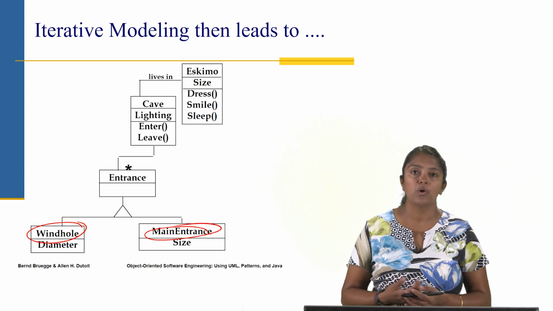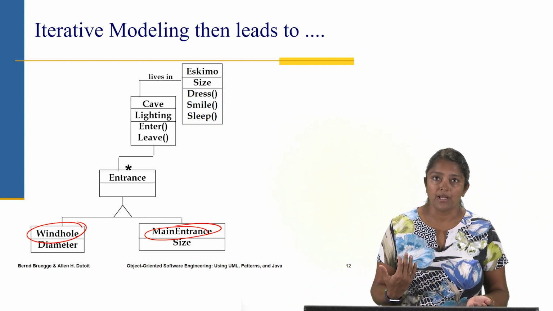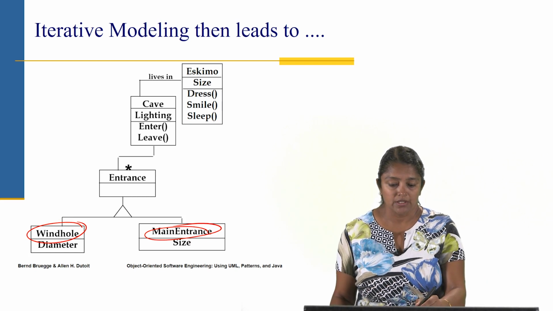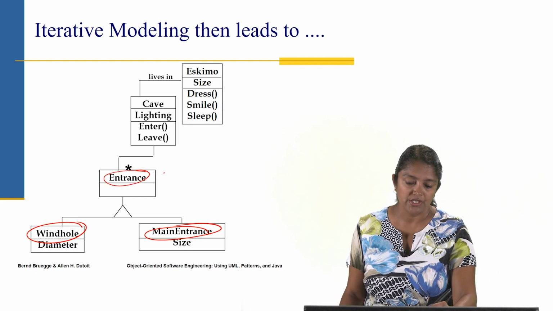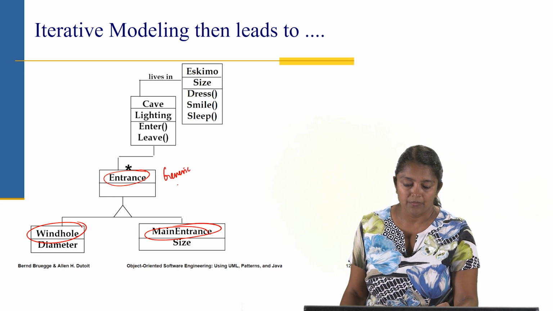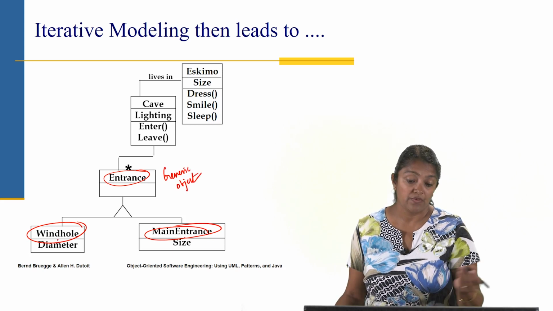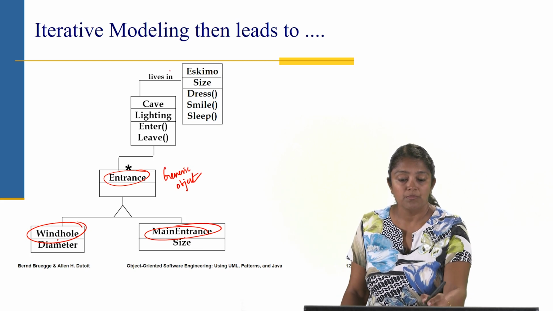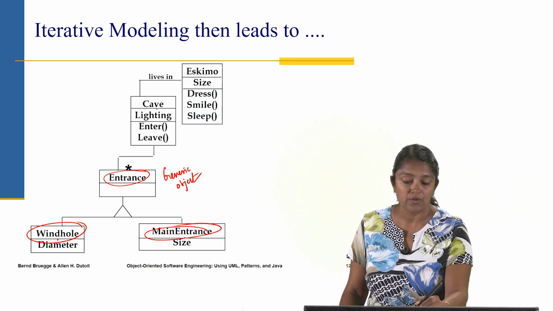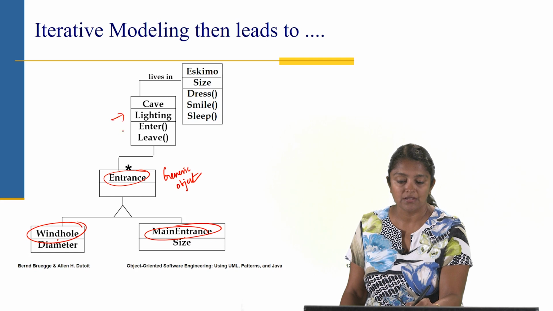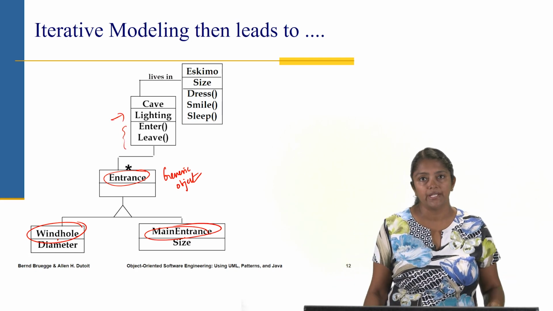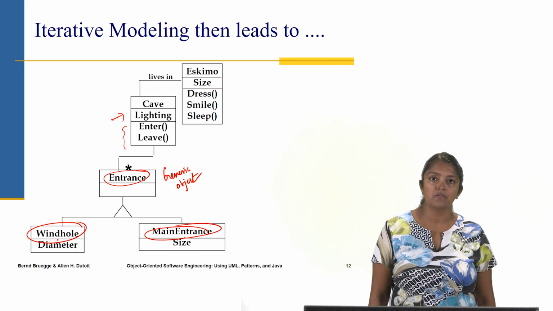So all of that can be modeled using UML. Here's the entrance, which is a generic object, and then there are two specific objects, main entrance and wind hole. Now the Eskimo lives in a cave, and the cave has certain lighting, and then one can enter the cave and leave the cave. So those are the behaviors.